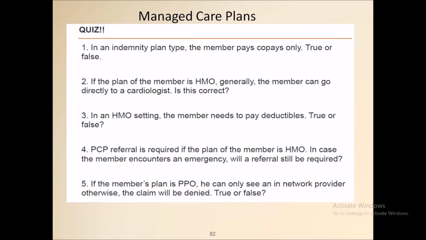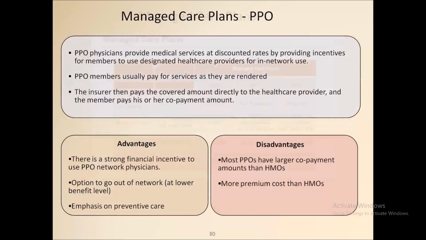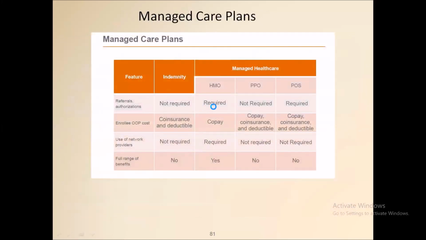You can go to in- and out-of-network providers. So it will not be denied. But in the case of HMO, it will be denied if you see an out-of-network provider without an emergency case. The claim will be denied in case of HMO. Okay. So just try to remember these names at least.